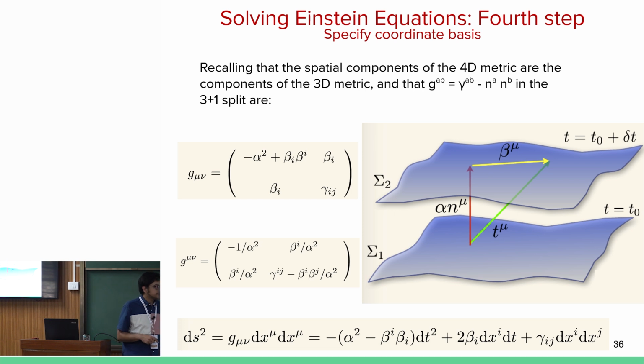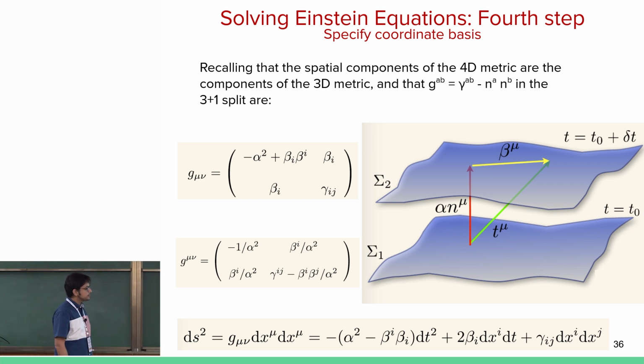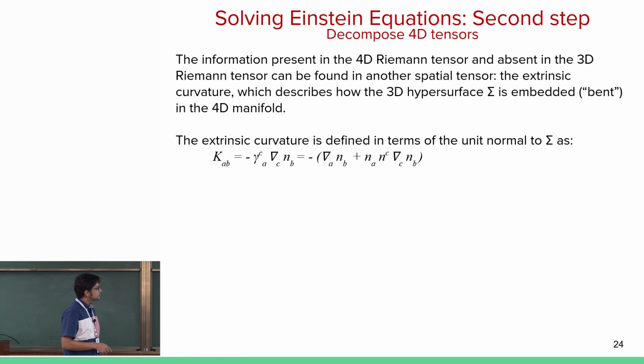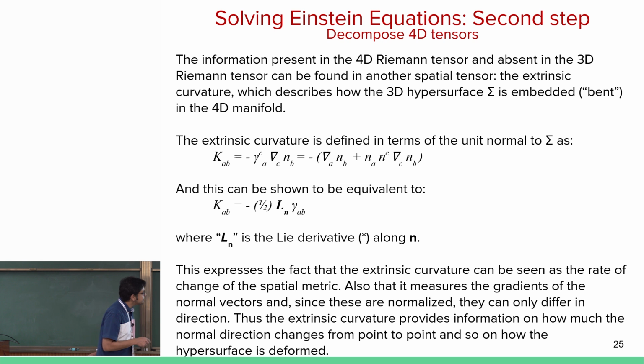Okay, so, yes. When you expand out the second equality, what happens to this metric? You are basically projecting the covariant derivative using the extrinsic curvature, the covariant derivative of the normal vector projected onto the spatial slice.